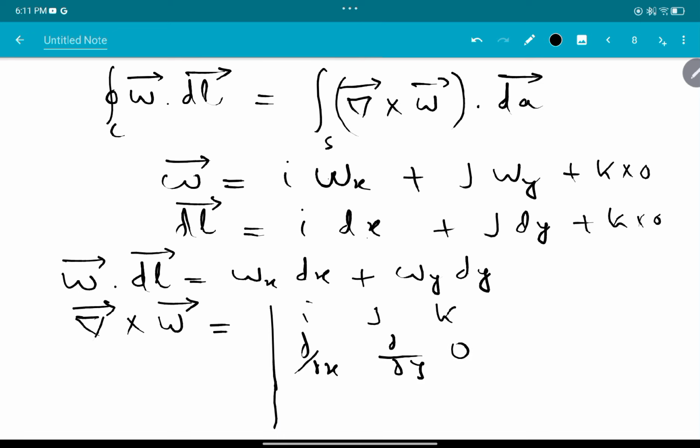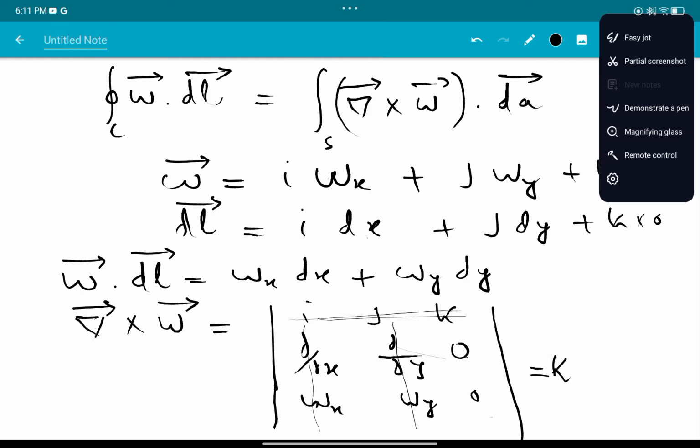Similarly, I have Wx, Wy and 0. When I compute this, if I take i, look here, this will be 0, this will be 0, so no i. Now minus j or plus j, this and this will go. I will have 0, again 0, and then plus k.